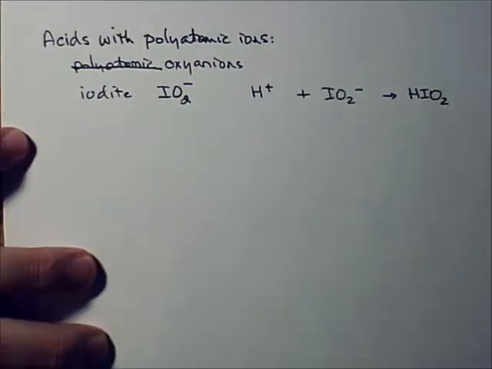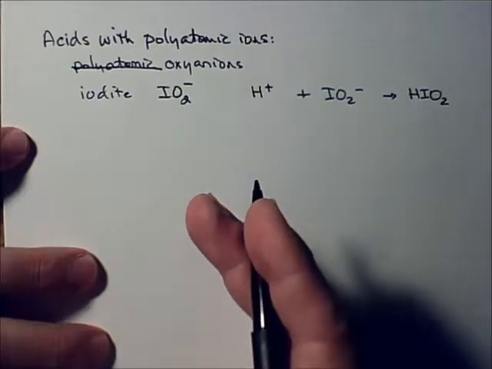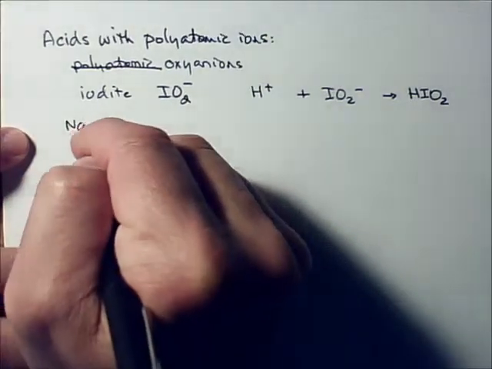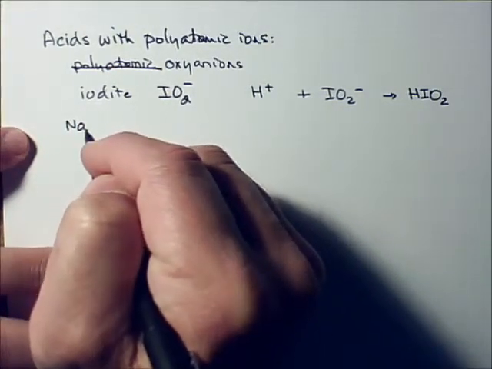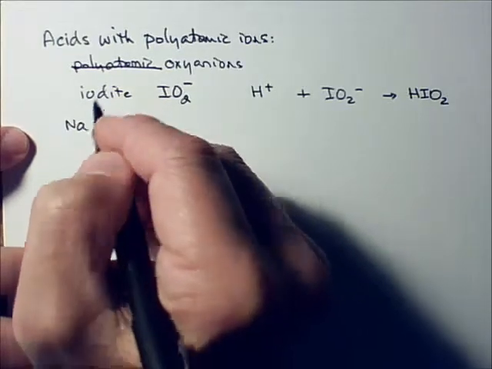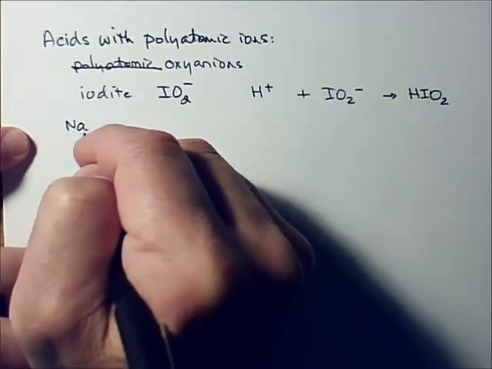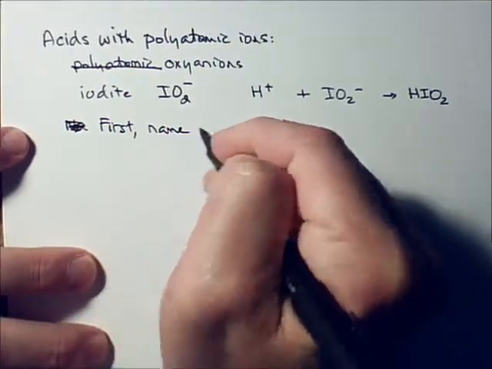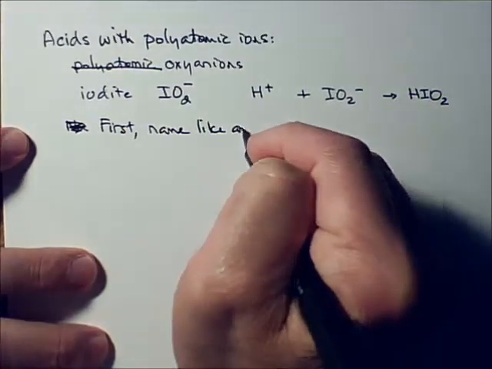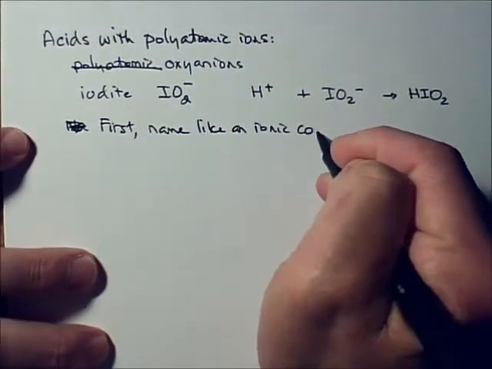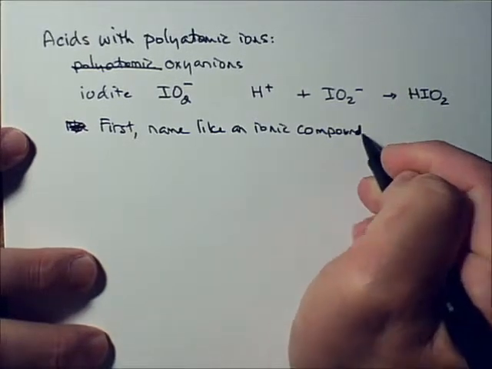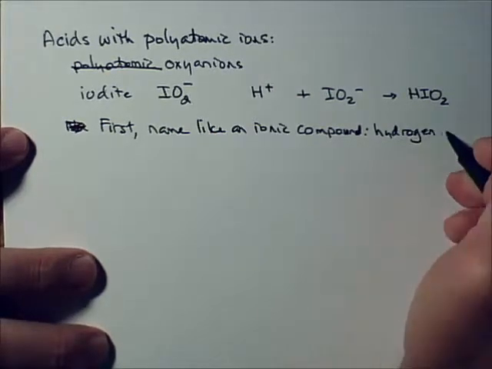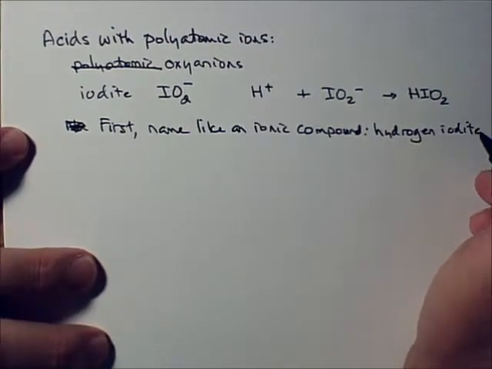All our acids that are not organic are named first as if they're ionic compounds. So it's hydrogen iodite.